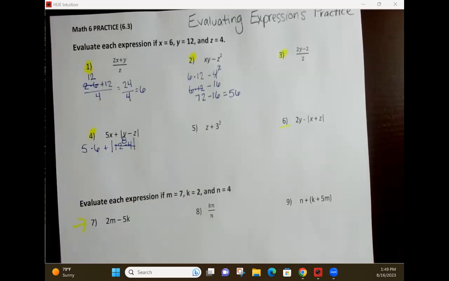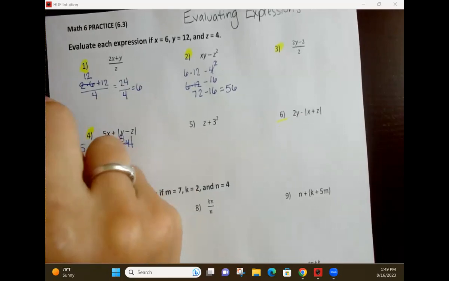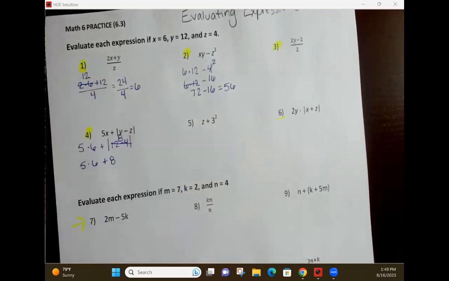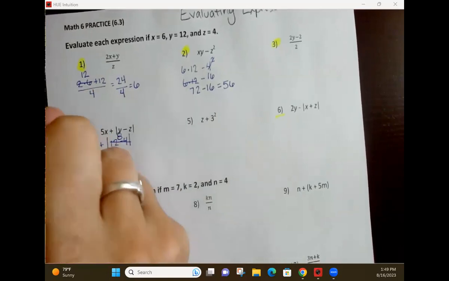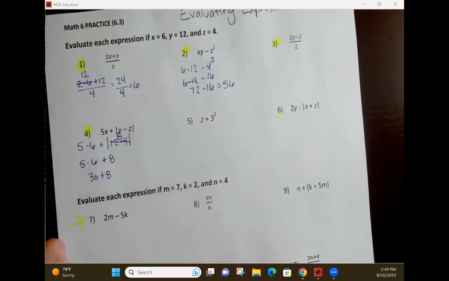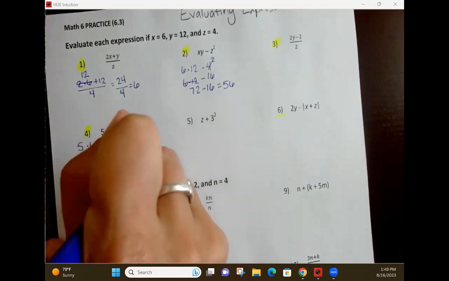Also 8. So here we've got for our absolute value 8. So 5 times 6 plus 8. What should I do next? Multiplication. 5 times 6 is 30 plus 8. So we would get 38 there.